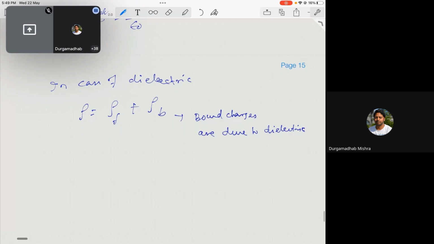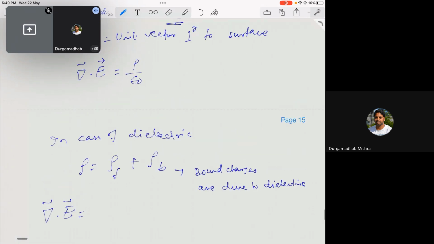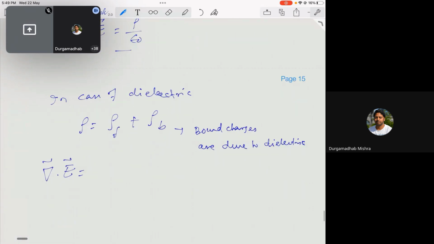And then what would be the form of your Maxwell's equation? We said del dot E is equal to rho by epsilon naught, which we write as two separate charges: the free charges, if they exist, and the bound charges that appear due to the polarization of the dielectric.